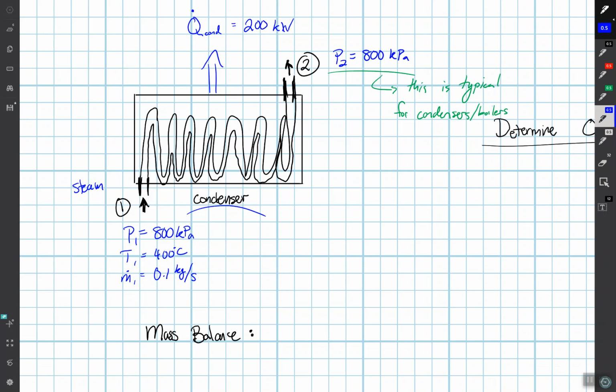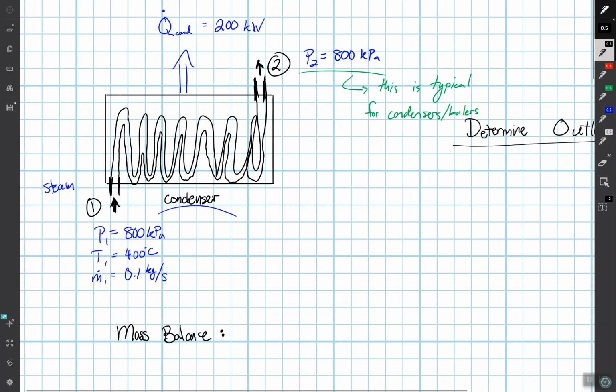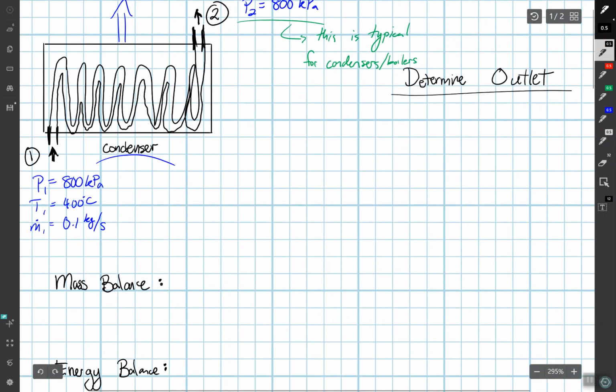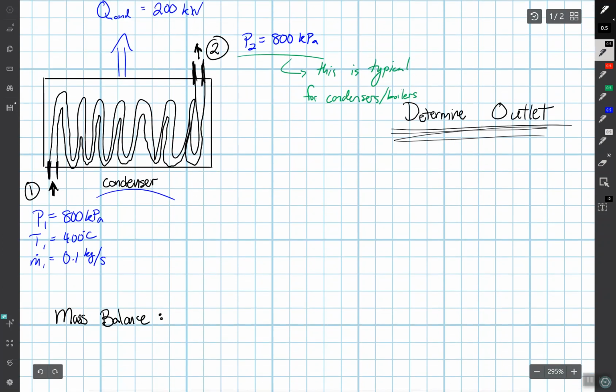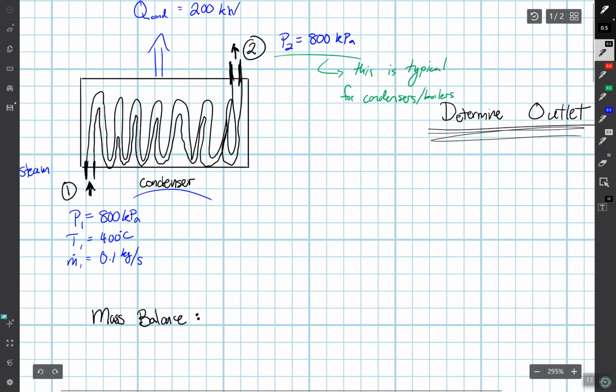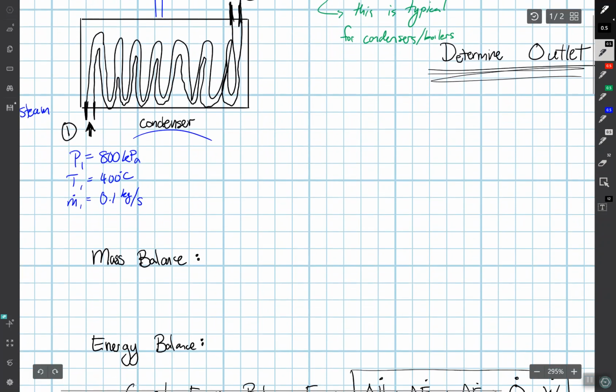So this would be a 200 kilowatt condenser. Okay, so we know something about the inlet, the outlet, and the performance of this piece of equipment. And our question is to determine the outlet state. So what's actually coming out here at 2? We know the pressure, but we don't know anything else.